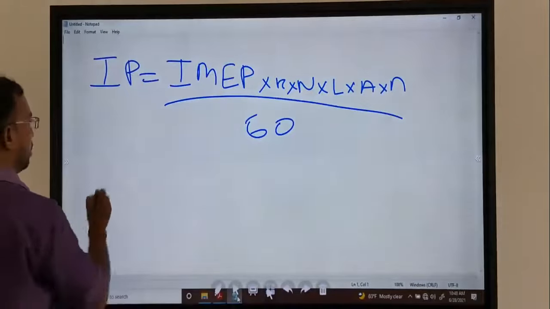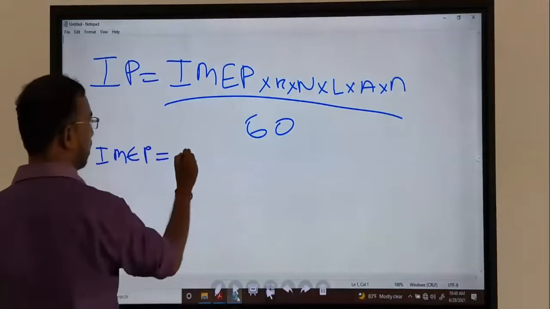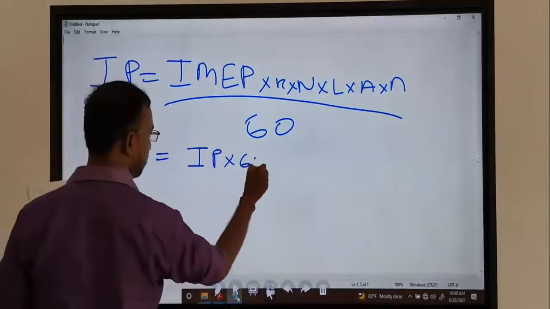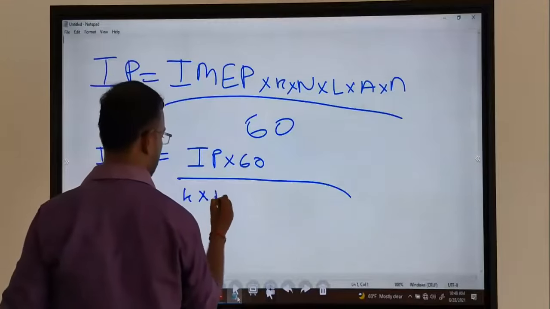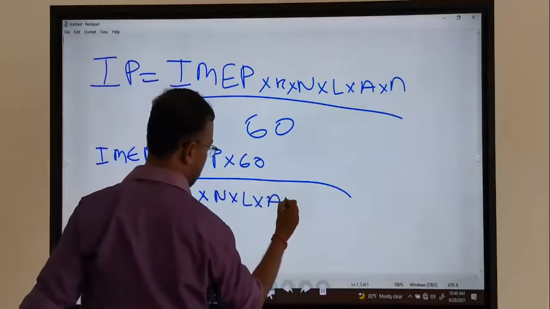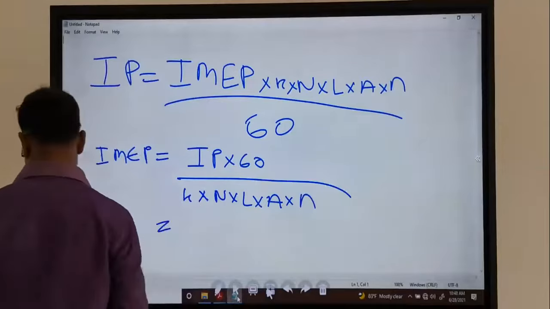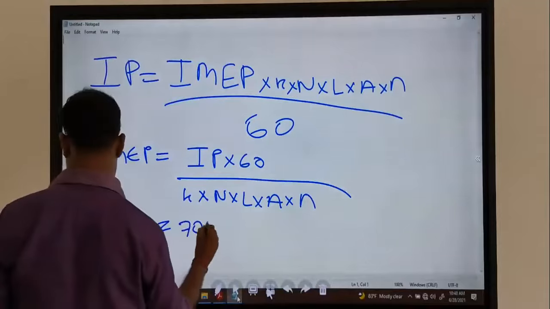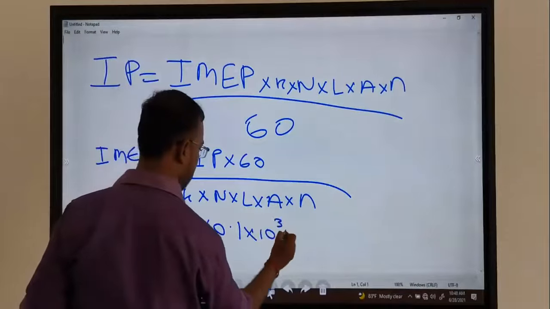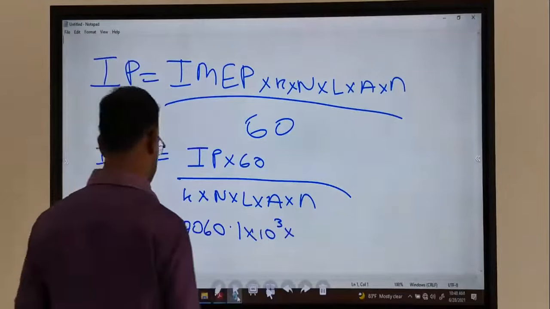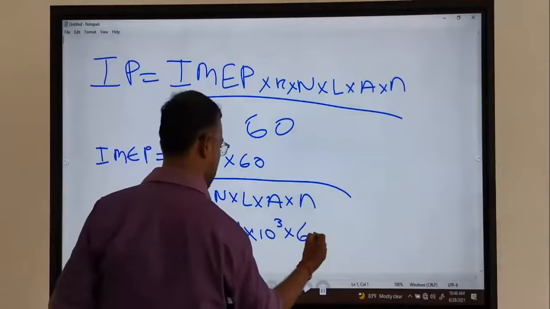So indicated mean effective pressure equals indicated power into 60 over K N L A. So this is indicated power in Pascal, sorry, watt, into 60.